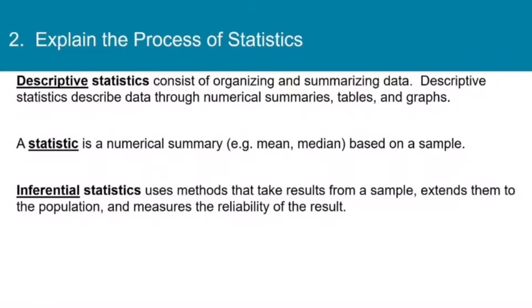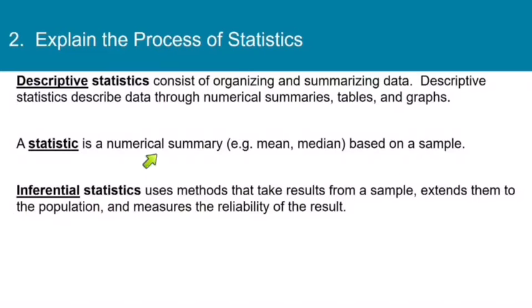If I randomly choose 10 out of the 200 and average those, I now have a statistic, because I am calculating a numerical summary based on a sample. Remember, 10 out of 200.